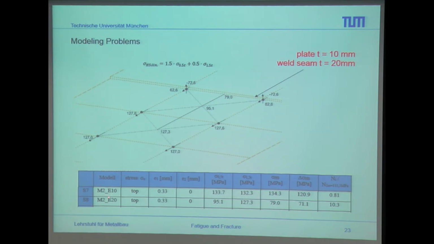But then we increased the thickness of this element twice, from 10 millimeters to 20 millimeters. And due to this, we got a lowering of our stresses. And so due to the lowering, we could also handle more stresses. So why did this happen?